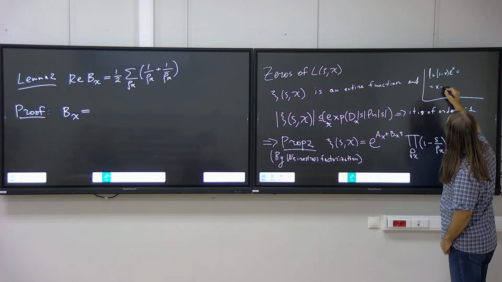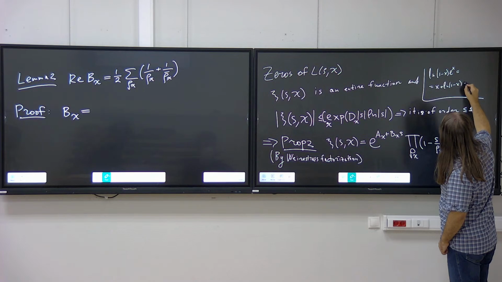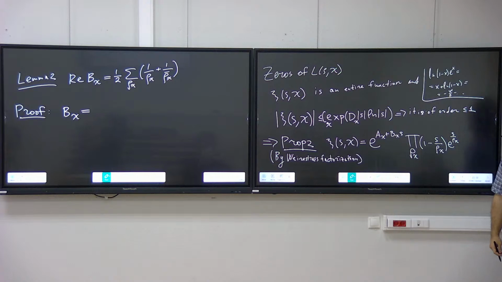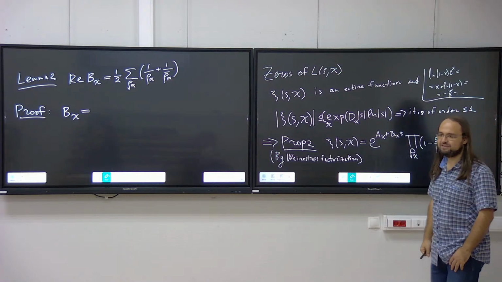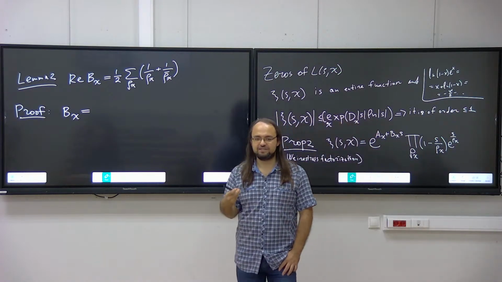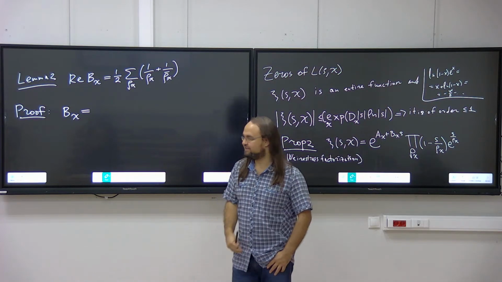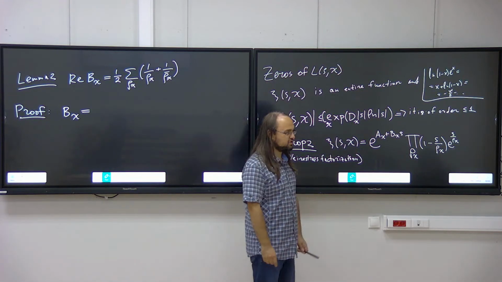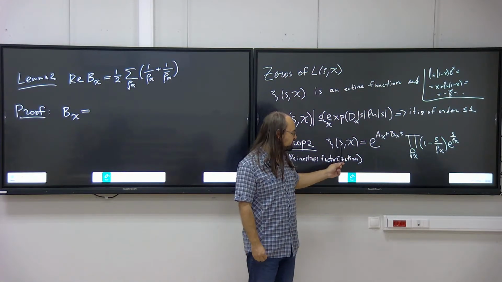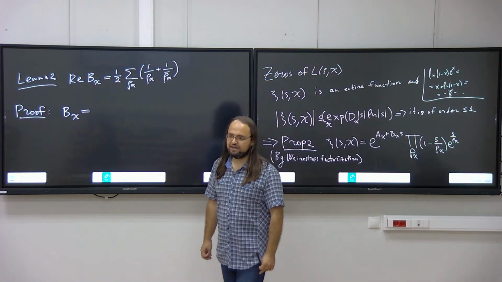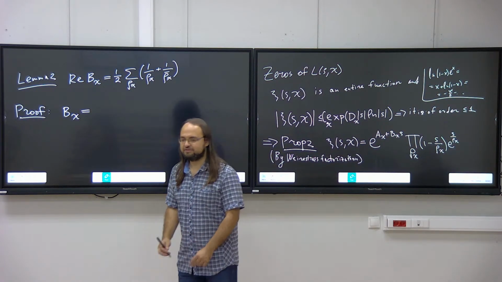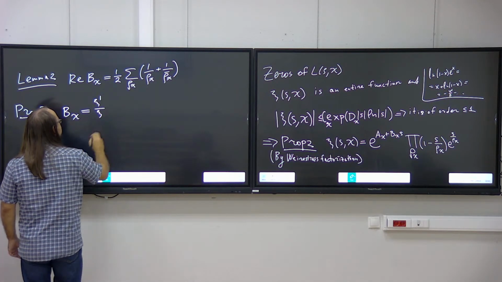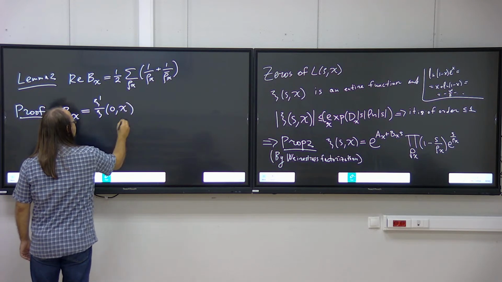It is x plus the logarithm of 1 minus x, which is minus x squared over 2, and so on, right? So if you take the logarithm of this product, you will get something starting with s squared. So b sub chi is just the coefficient of the expansion of the logarithm of xi at 0, right? So this is actually equal to xi prime over xi of 0, chi.